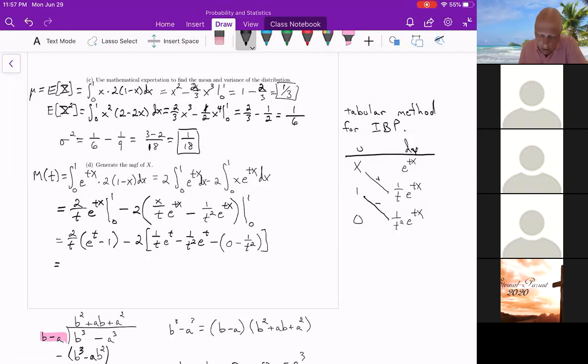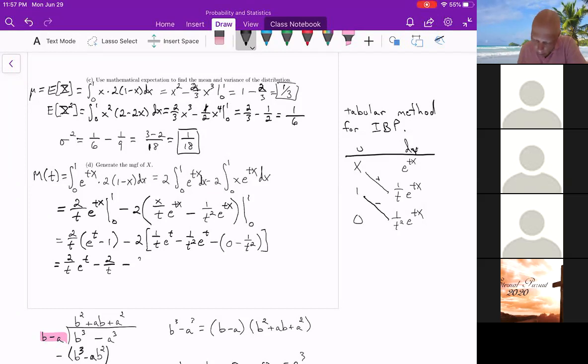And now we keep simplifying, but x has disappeared at this point. And so we've got 2 over t e to the t minus 2 over t, minus, now I'm distributing the 2 through the second part.